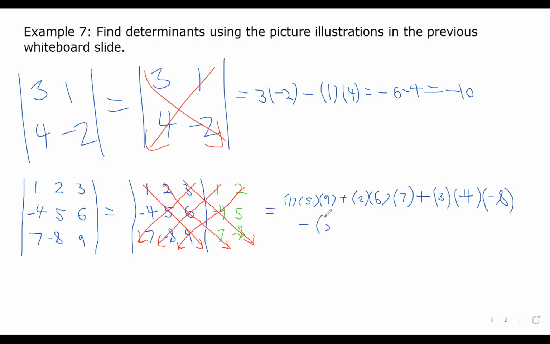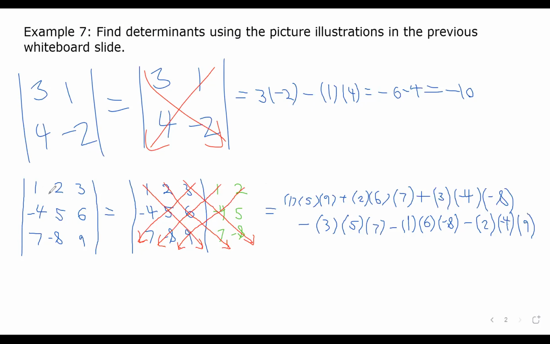So it's minus 3 times 5 times 7, minus 1 times 6 times -8, and then minus the third product, 2 times -4 times 9.